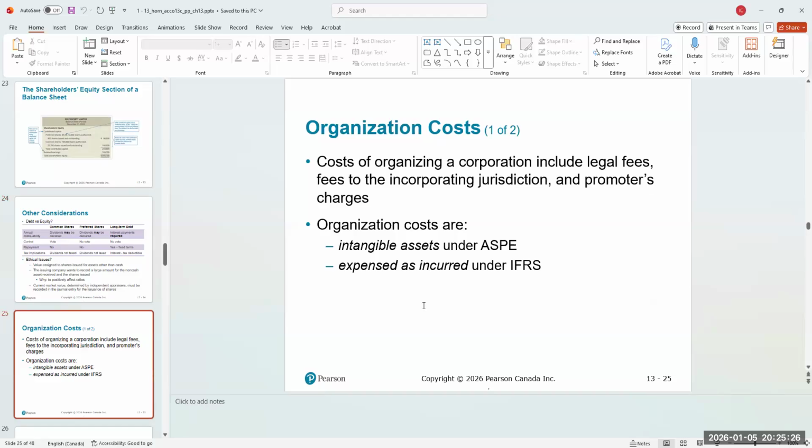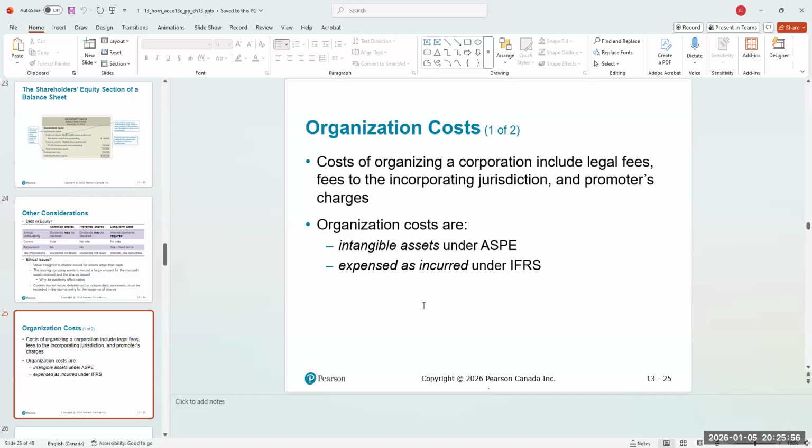Organizational cost, what we're going to do with the organizational cost. We have two options here. And pay attention to this because if you go to CPA, CPA asks this question on the organizational cost, because there's a difference between how you're dealing with the organizational costs in the private corporation and public corporation. In the private corporation, as you can see here, organizational cost is an intangible asset and has to be capitalized on the balance sheet.